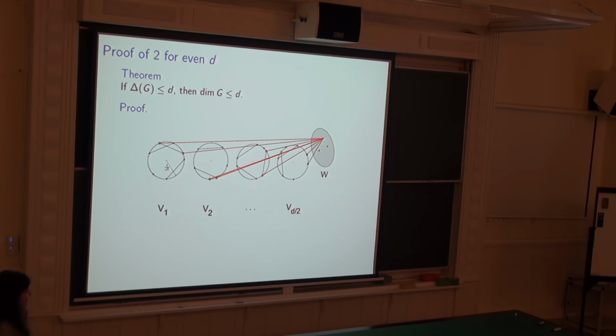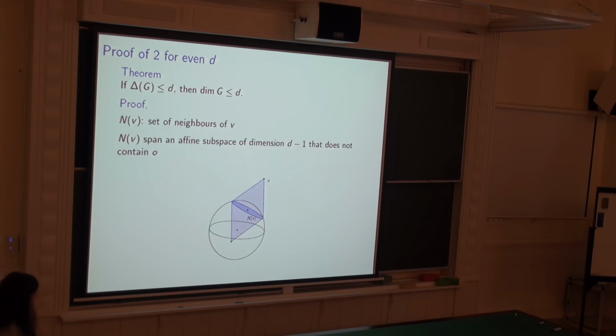So we need to see what subspace these neighbors span. And this will be an affine subspace of dimension d minus 1. And because we embedded the points on the circle such that there were no points in opposite positions, this subplane doesn't contain the origin.